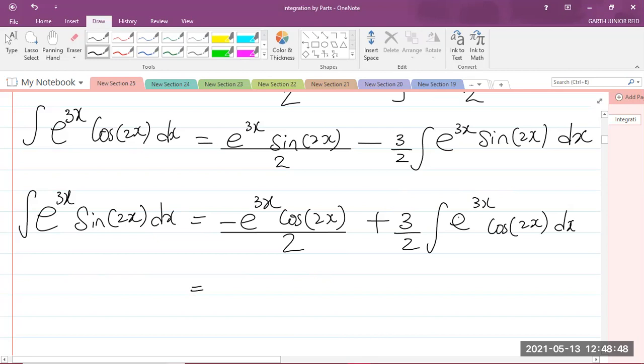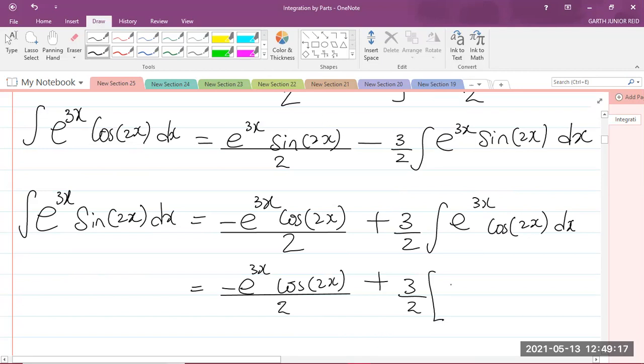Now we know this integral, which is the one above, so I'm just going to substitute that into this equation here. So what we now have is a negative e to the power of 3x times the cosine of 2x, and we are dividing that by 2, plus 3 over 2 multiplied by the integral of e to the 3x times the cosine of 2x dx.